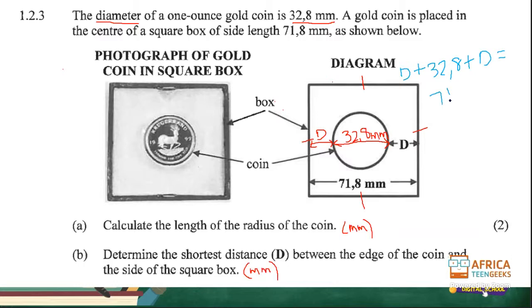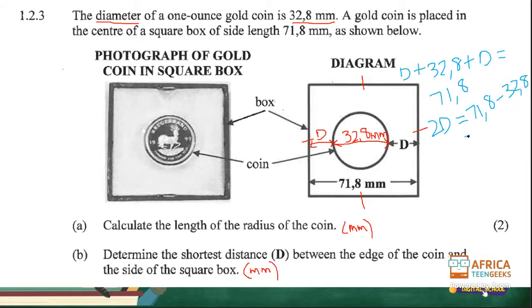And then D plus D is 2D. Adding 32,8 on the left, on the right you subtract. So it will be 71,8 minus 32,8.